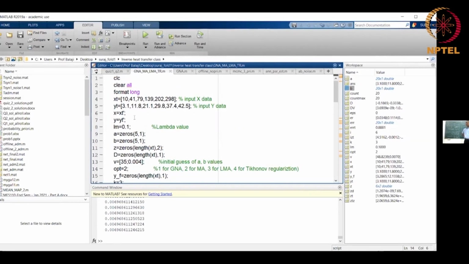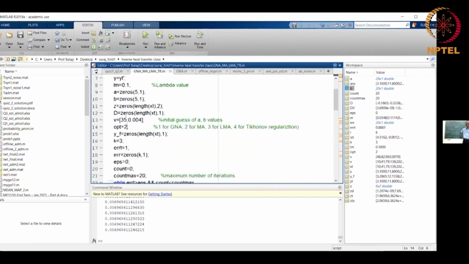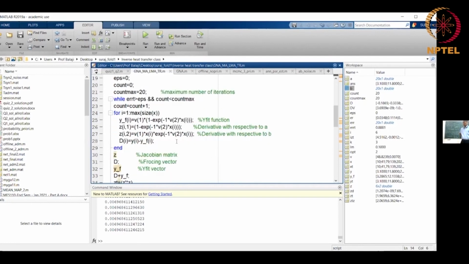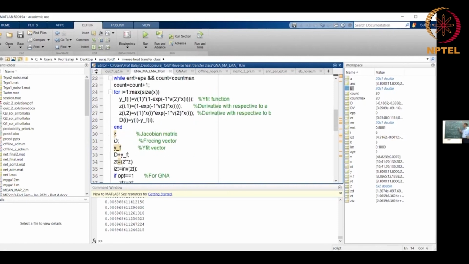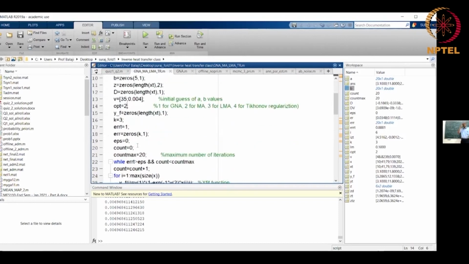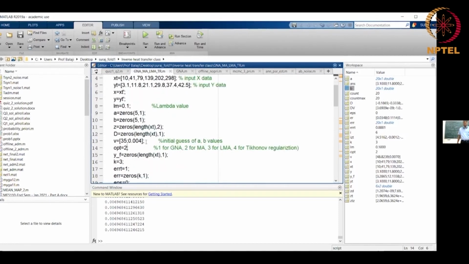Here, V is the initial guess of A and B, and this is the theta fit function, and this is the derivative of theta fit, and Z is the derivative with respect to B, and D is the forcing vector. And this is the algorithm I have written, and I ran it for 20 iterations.